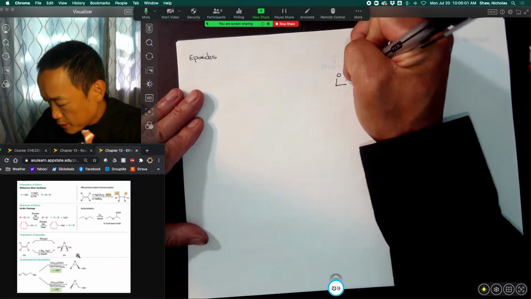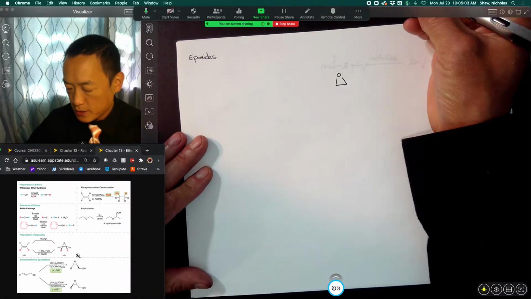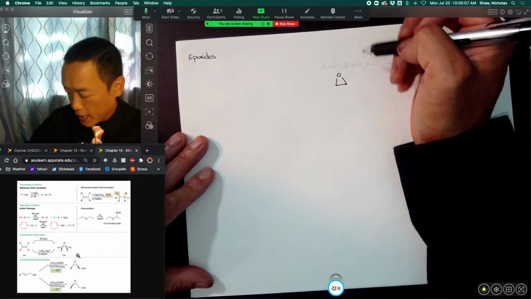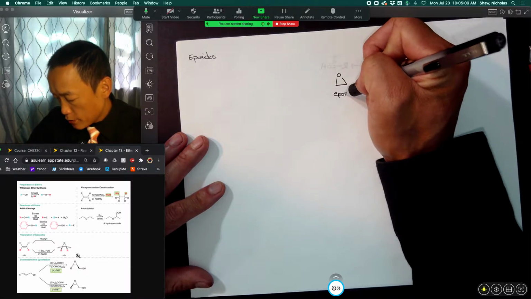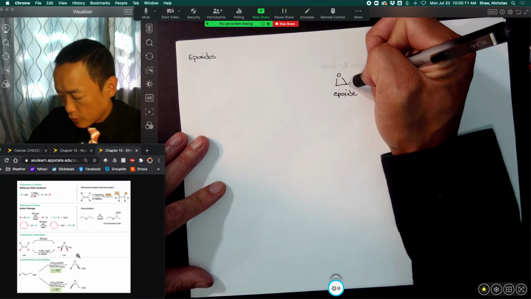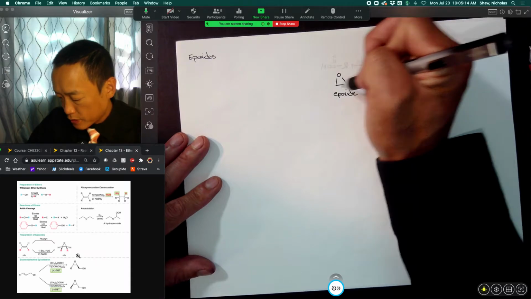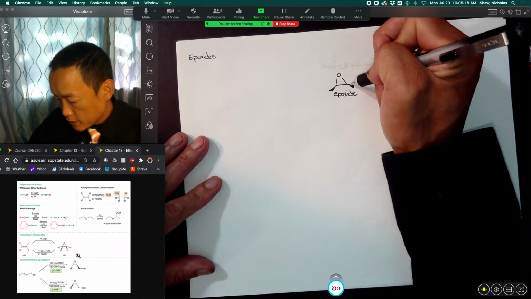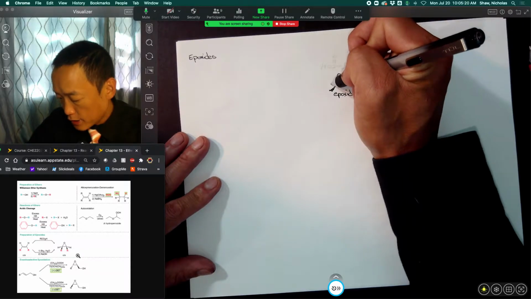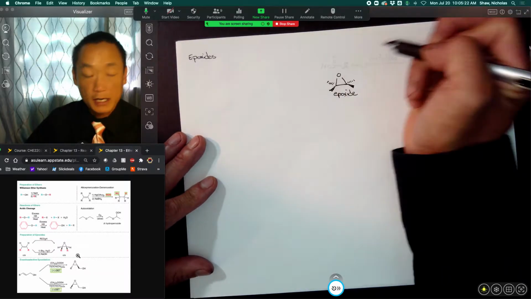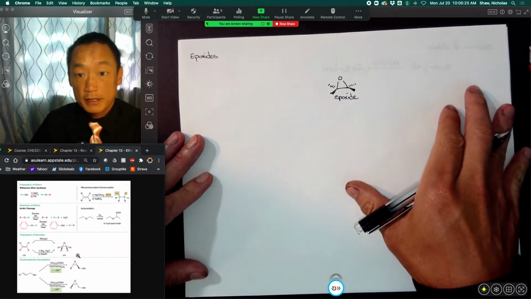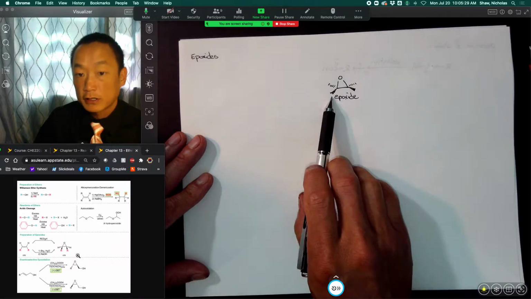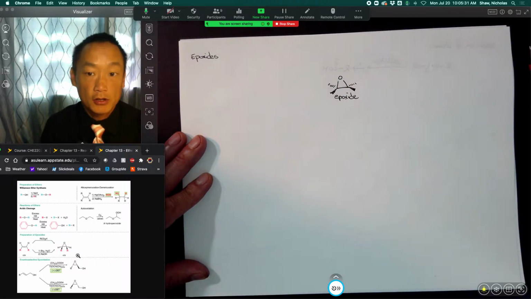It is a 3-membered ring arrangement of an oxygen bound between 2 carbon atoms. We could have substitution at any of these places I've denoted as wedges and dashes, and you could have carbon residues at really any of these points along the way.